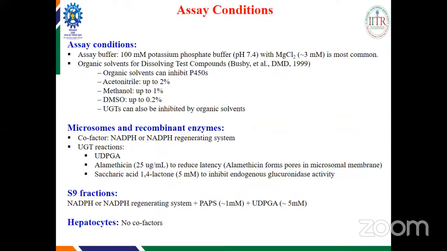This is a simple assay condition I have put into the slide. In case you want to use this assay, what should be the ideal assay condition? I have mentioned here the ideal conditions for different kinds of metabolic stability experiments, and also certain cofactors used for different experiments. NADPH is one of the most commonly used cofactors for cytochrome P450 enzyme-mediated metabolism, and UDPGA is primarily used for understanding glucuronide UGT enzyme metabolism.